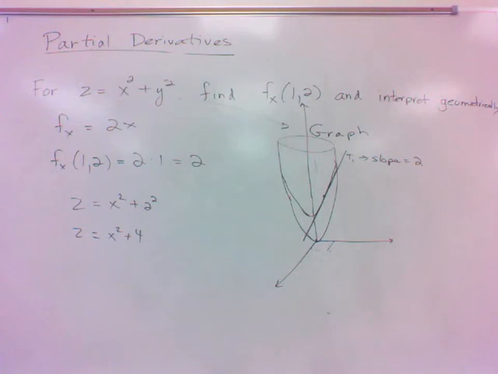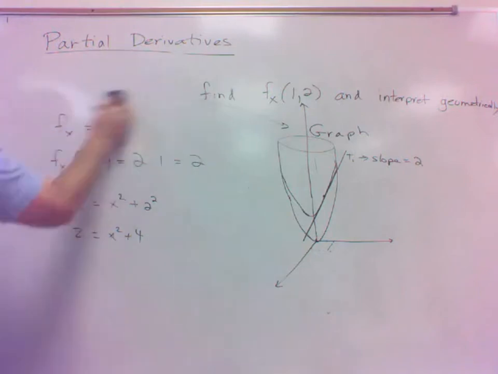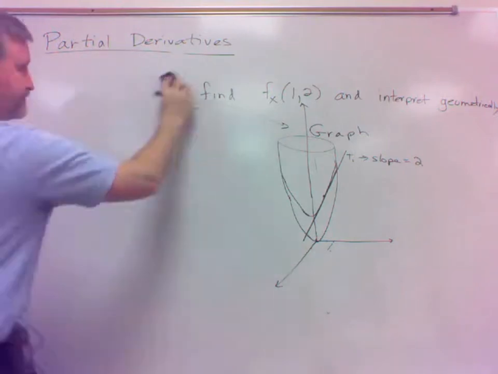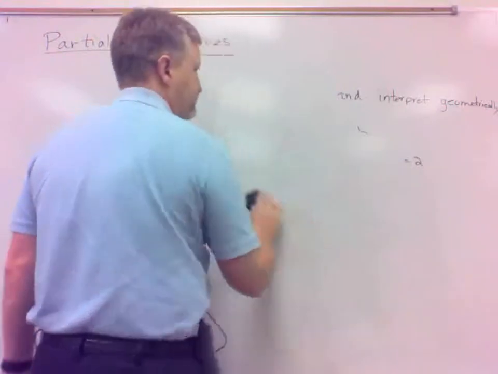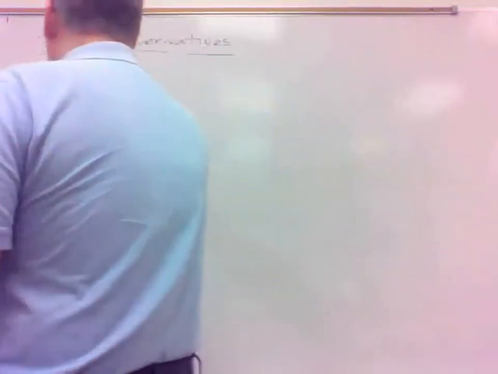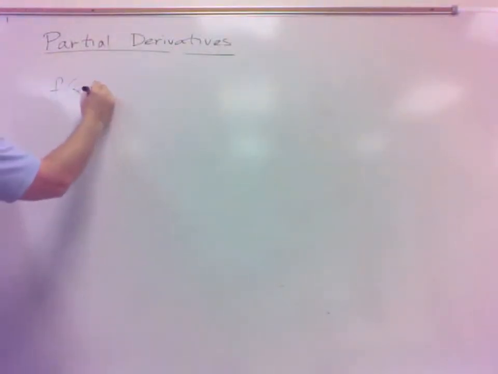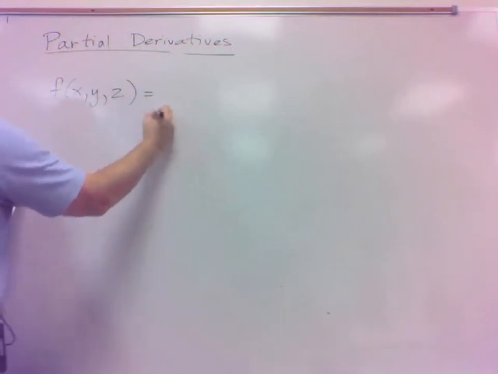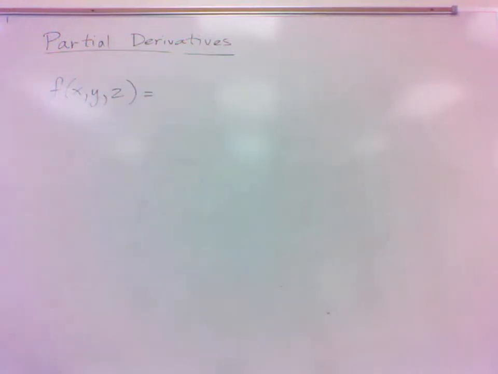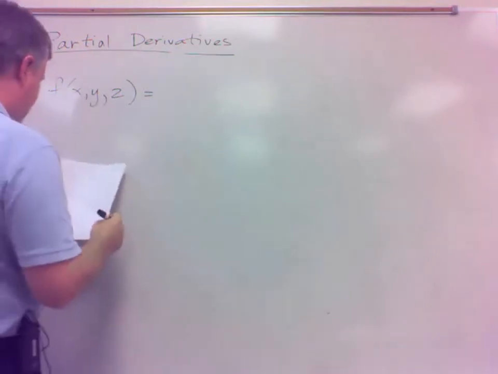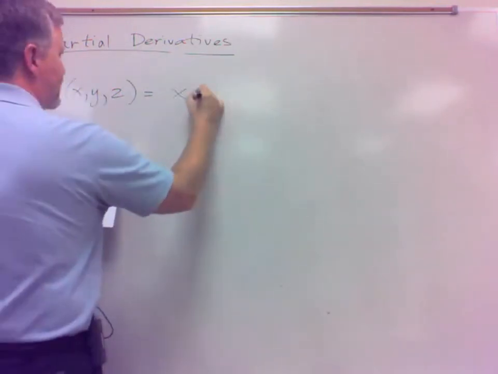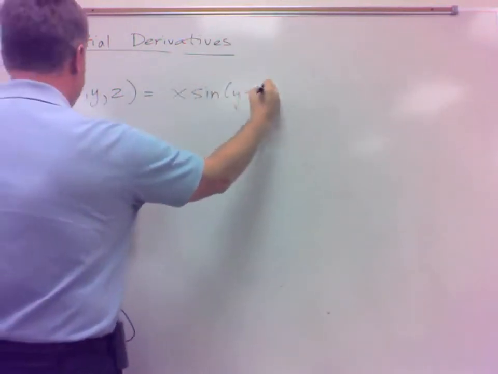Well, if it works for 2 variables, why not 3? Why not 4? You can do the same thing for 3 variable functions. So let's say we've got a function that's in x, y, and z: x times sine of y plus 3z.